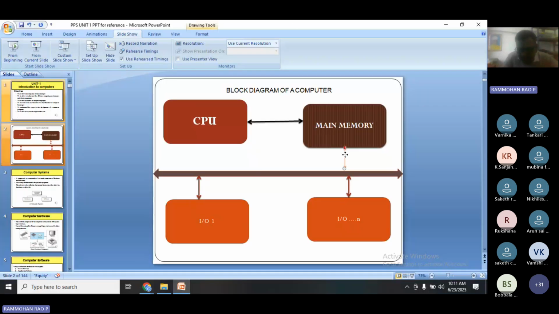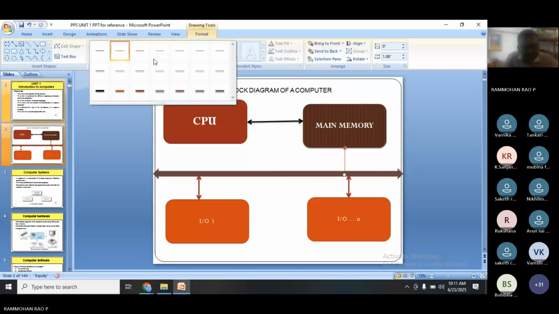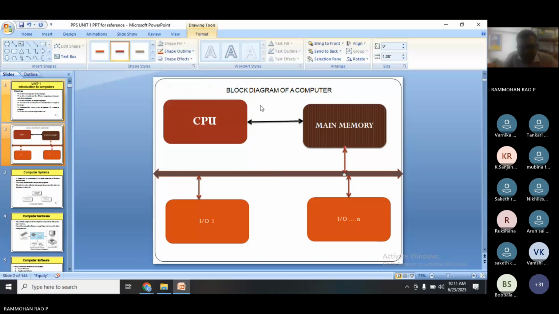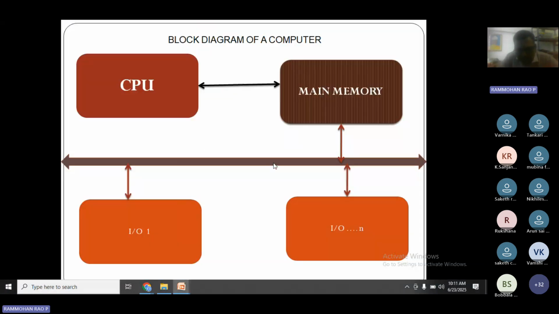Let me connect this horizontal line properly. So friends, this horizontal line is called the external bus.